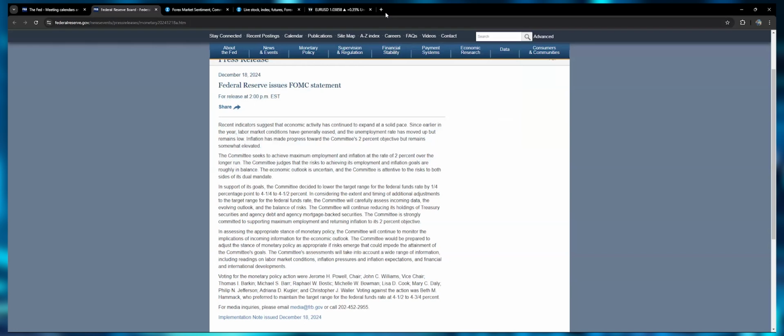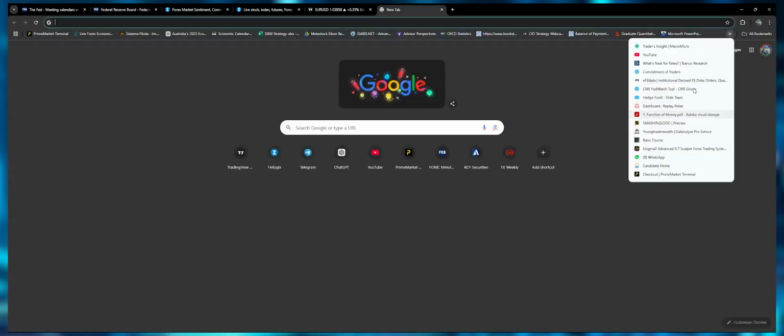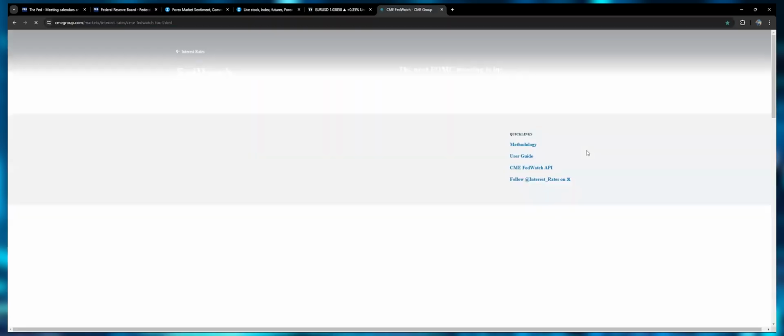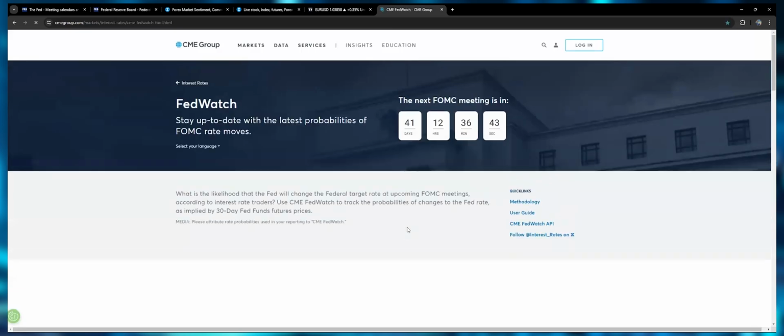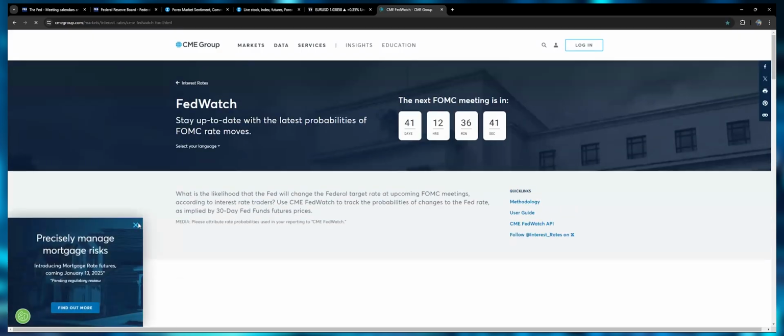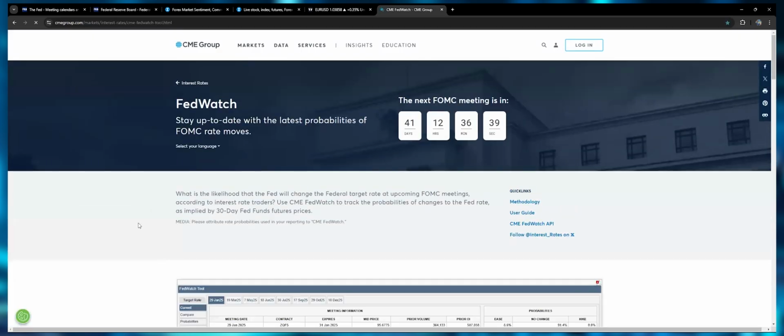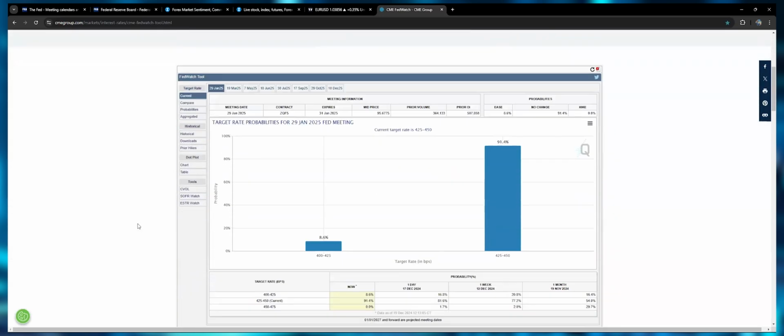Now, I don't know if you guys remember, but I talked about the CME FedWatch tool for the whole next year, and we could see that they were predicting, I think, 75 to 100 basis points of cuts for next year. Well, now things are a little bit different, okay?